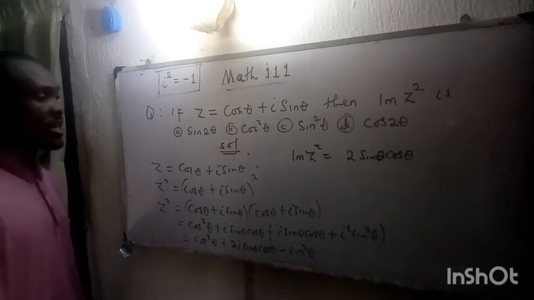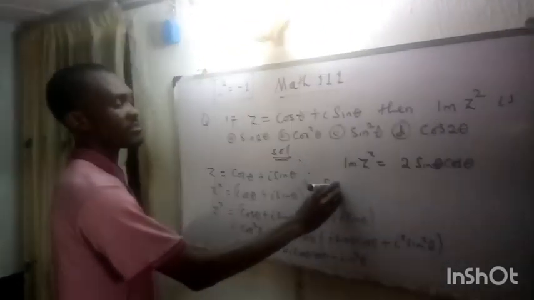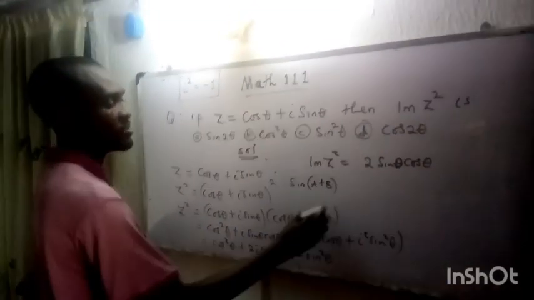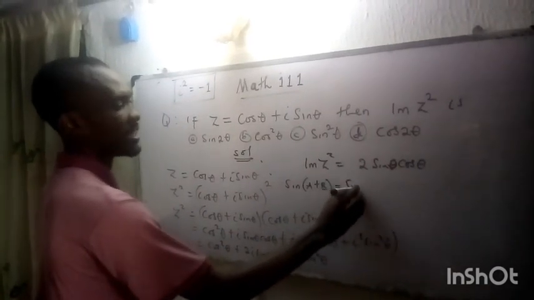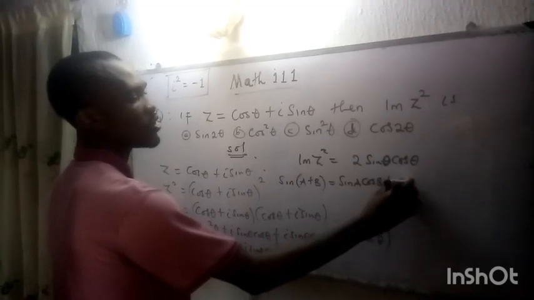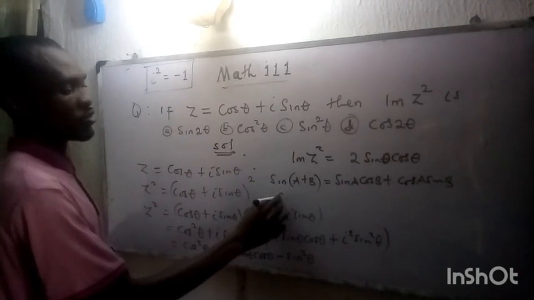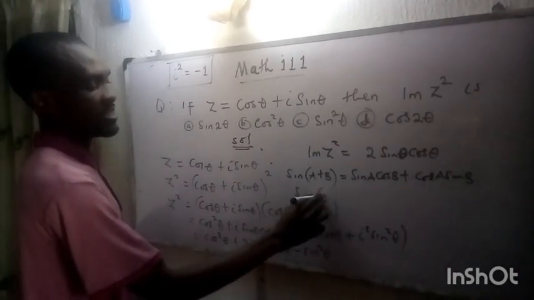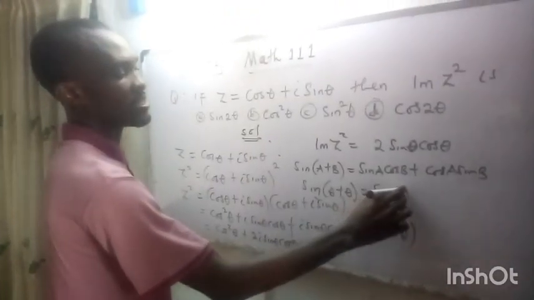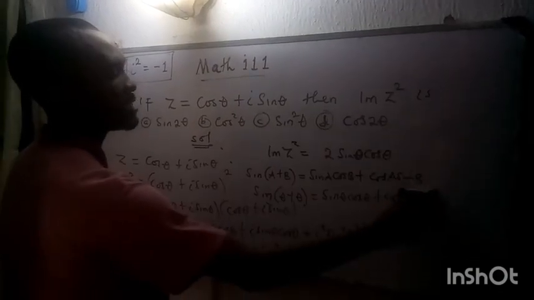And don't forget, in the study of compound angles, we have that sine A plus B is the same thing as sine A cos B plus cos A sine B. So when we use this, we should have that sine theta plus theta is the same thing as sine theta cos theta plus cos theta sine theta.